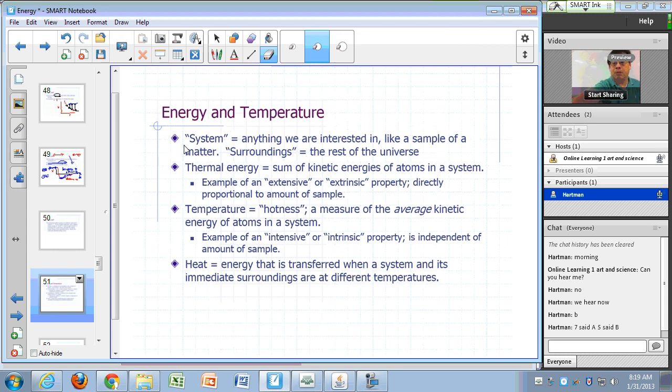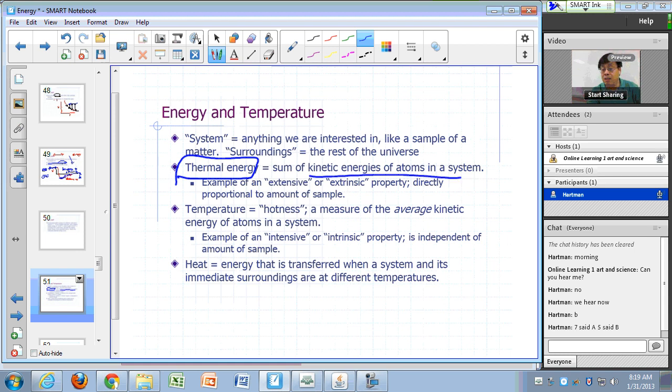Thermal energy refers to the sum of the kinetic energies of atoms in a system. So it's an example of what we call an extensive or extrinsic property. It's directly proportional to the amount of sample. The more atoms you have, the higher the thermal energy, because you have to add up all the kinetic energies of the atoms of your system to get your thermal energy.